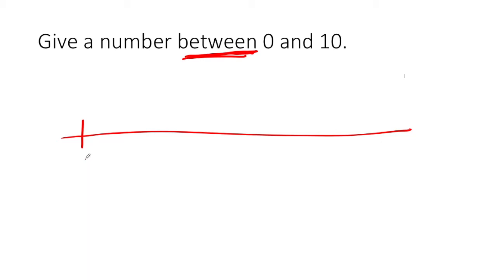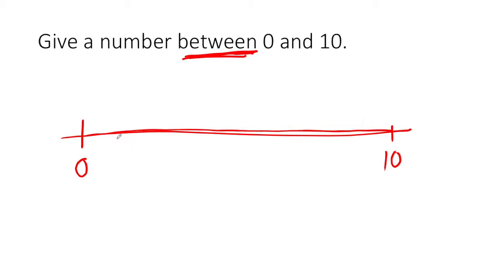So if we say we want a number between 0 and 10, that means we want it in the space where 0 is on the number line and 10 is on the number line. We want it in here, this space between.